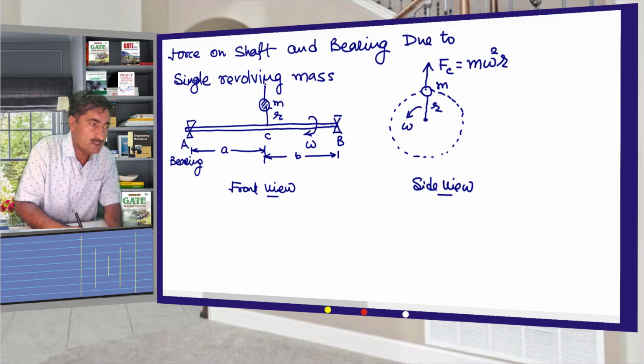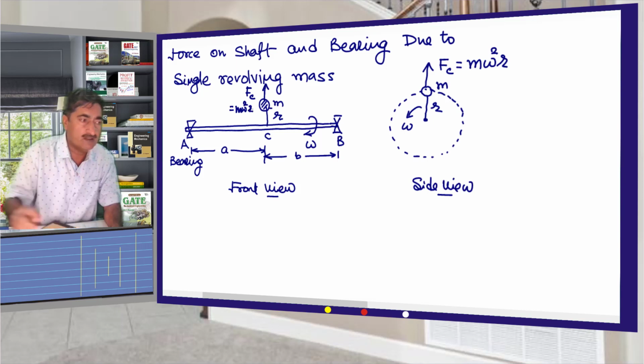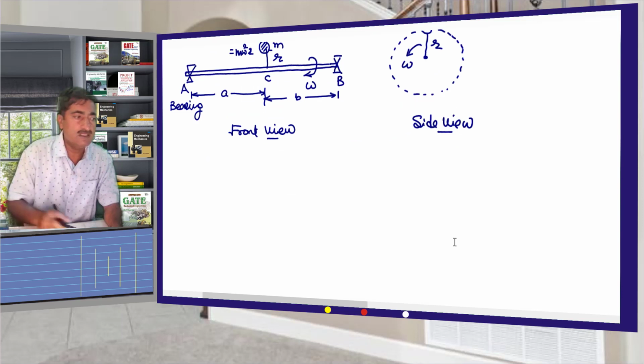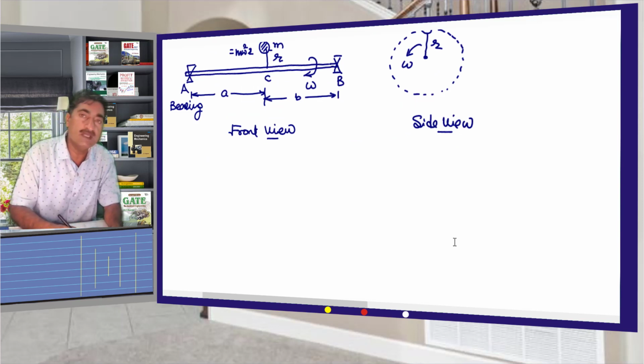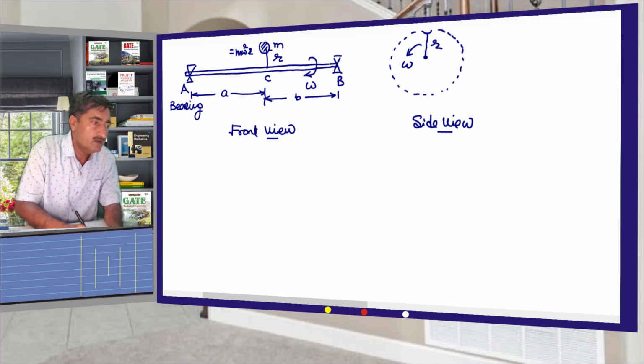Now this is Fc, which is equal to m omega square r. Due to the force Fc, there are reactions at bearing A and bearing B. The reaction at A is Ra, and at B it is Rb.